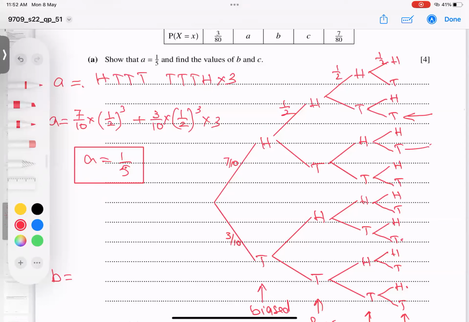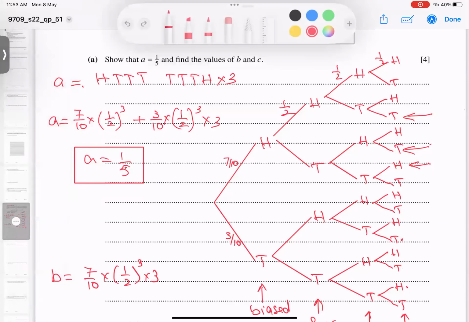So I put an arrow here, and again this has 2 heads and 2 tails. It means 3 options are generating from here. So where does 7 by 10 come from? 7 by 10 comes from here. Do one thing, student: find the answer of the one branch into 3. This is 7 by 10 coming here and half, half, half. I can see here half to the power 3 into 3. So these 3 branches are covered. I hope you got the idea, very clear.